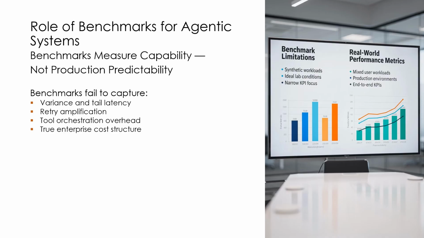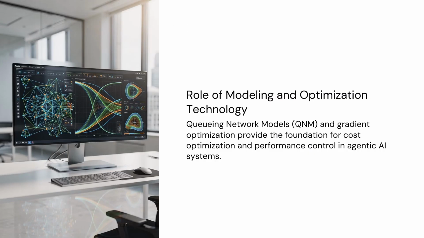What will be the minimum configuration and cost needed to meet service level goals when the number of agents and agentic workload increases? Or which agentic platform is the most cost-effective for our specific workload? And when agents are in production, how to optimize dynamic capacity management decisions. So modeling and optimization turn governance of agentic AI into an engineering discipline.